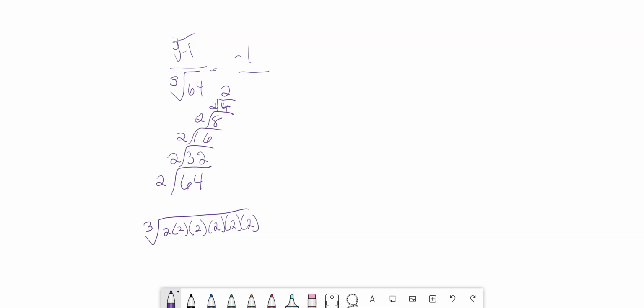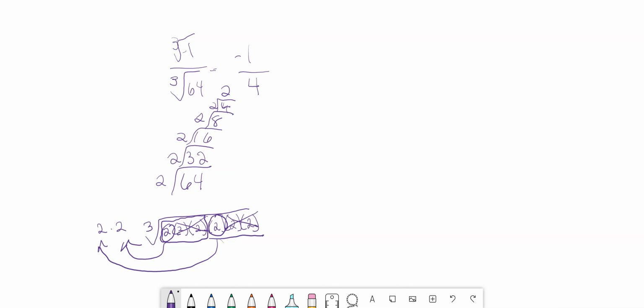So remember, the first in each trio survives. So this 2 will come out. And this 2 will also come out. But remember, to get out, they have to murder the other members of their group. So 2 times 2 is 4.